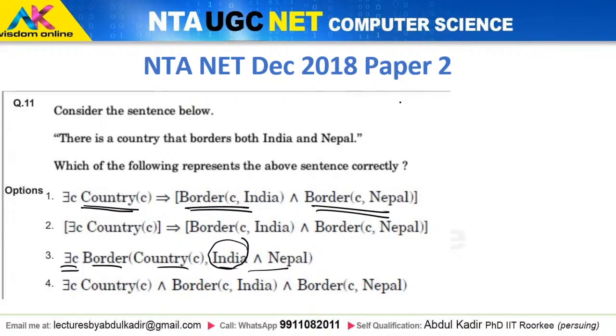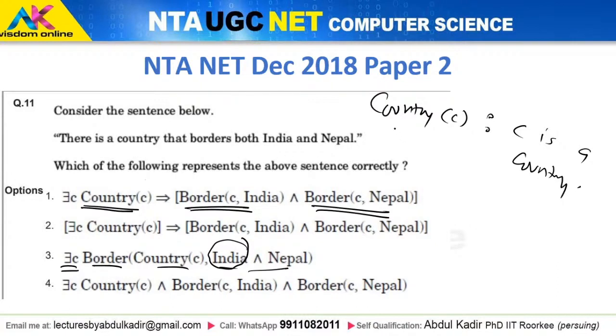I told you one thing, that we should have predicates defined. For example, they should mention that country C means C is a country. This is a very ill-framed question, because they have used the predicates but they have not given their meaning.